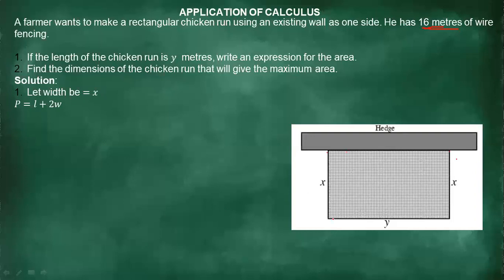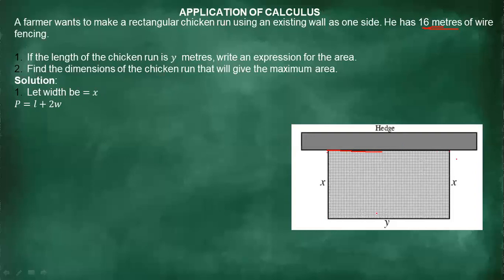Why do we not use 2 for the length? Because for the length we have only this side, since this other side is already existing, it's a wall there. There was no need for us to include this side, because we cannot put a fence on that side because there is an existing wall.